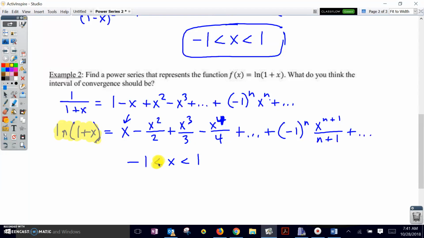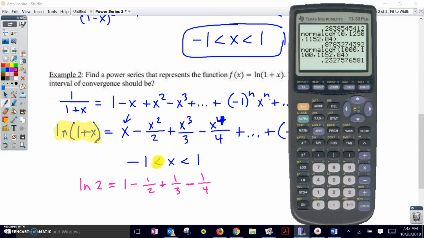the question is, does this converge? And that question really comes down to, is the natural log of 2 equal to 1 minus 1/2 plus 1/3 minus 1/4, etc.? And there's the natural log of 2.